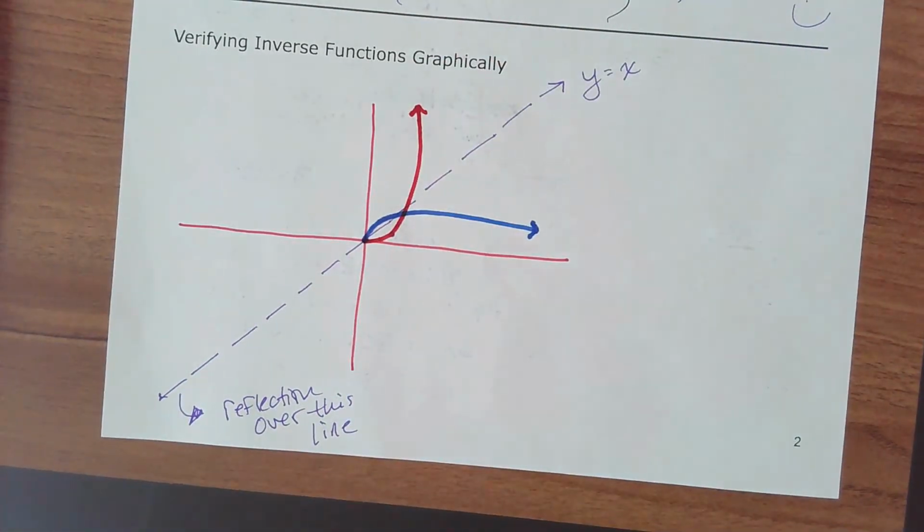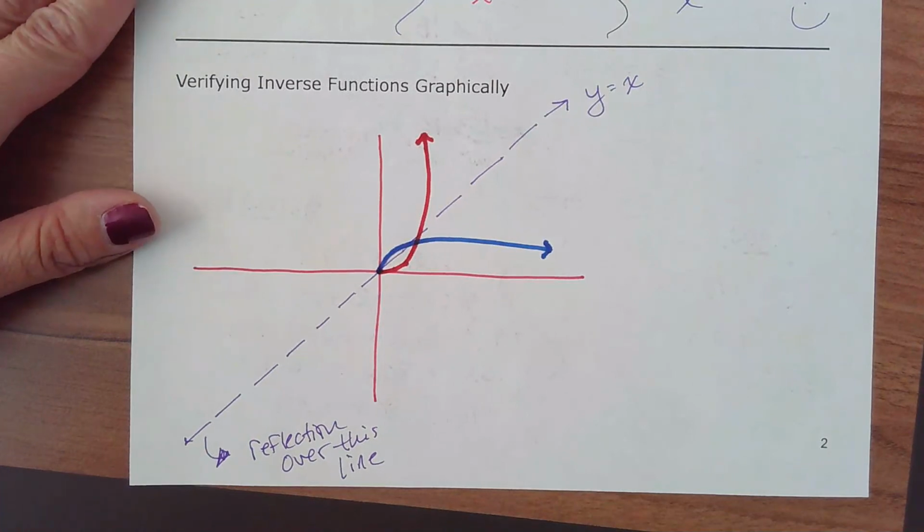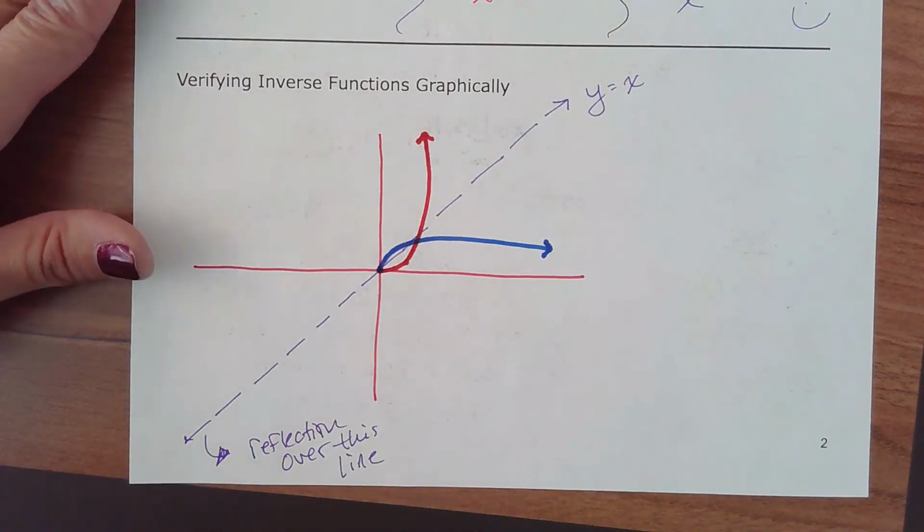So if you can show that two functions have a reflection over the line y equals x, then you know they are inverses of each other. Because inverses mean that graphically there's a reflection across this line.